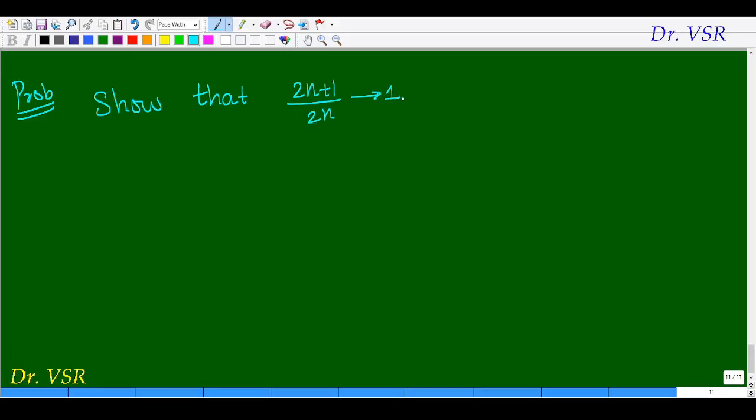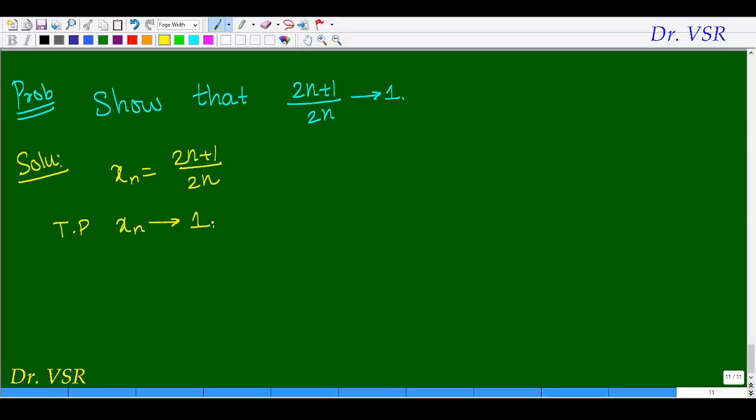Very simple. Solution: take xn equal to 2n plus 1 by 2n. We have to prove that xn converges to 1.